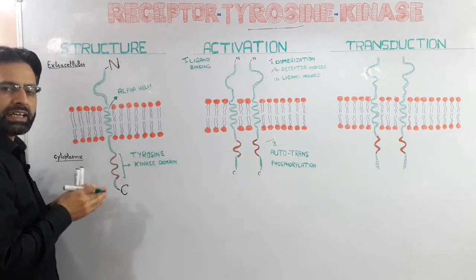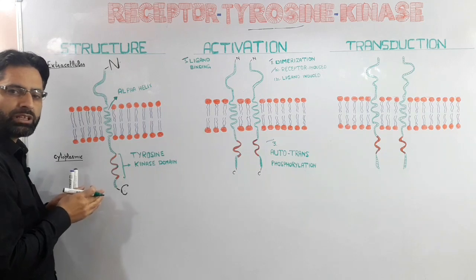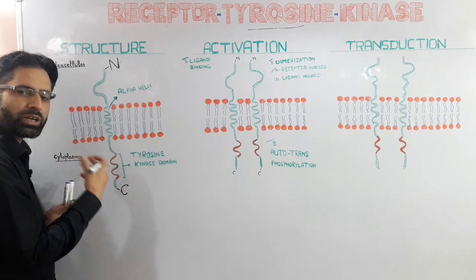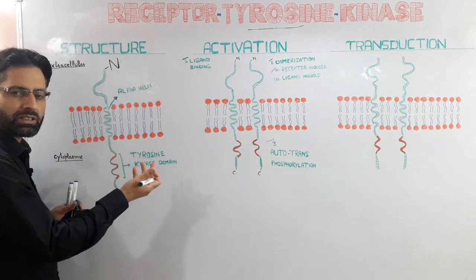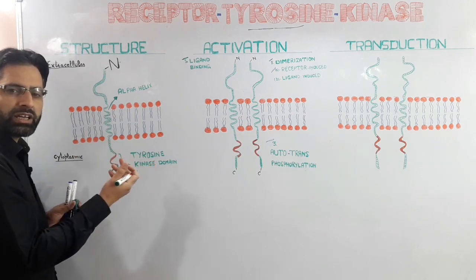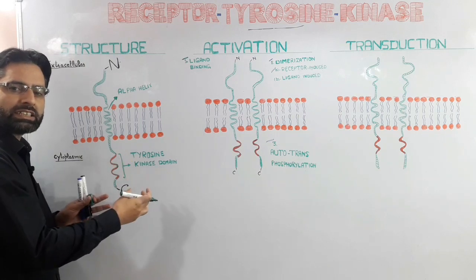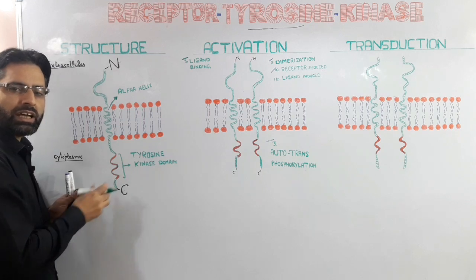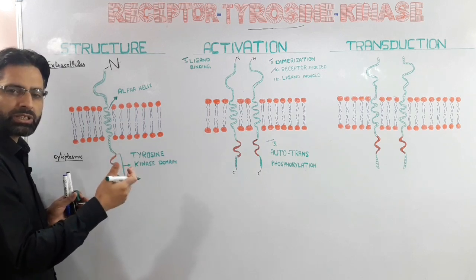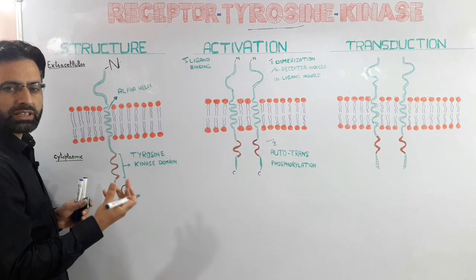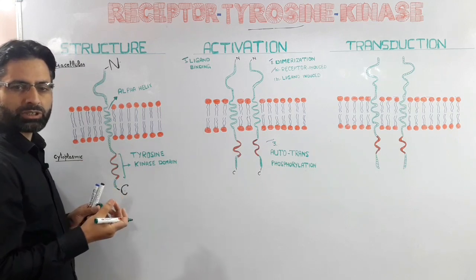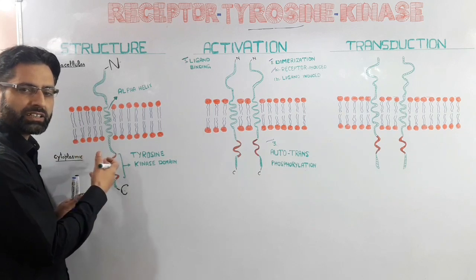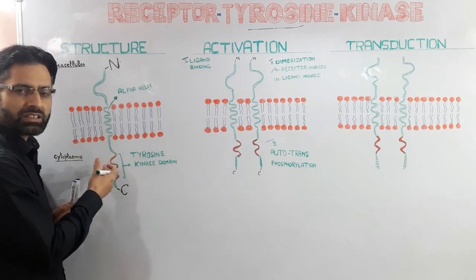Remember that the enzymatic activity of this tyrosine kinase domain is its intrinsic property, unlike cytokine receptors, which we will discuss in coming lectures. In cytokine receptors, other enzymes get associated with the receptor on the cytoplasmic side, and the enzyme activity is not the intrinsic property of those receptors, but here the kinase activity is its own, an intrinsic property.